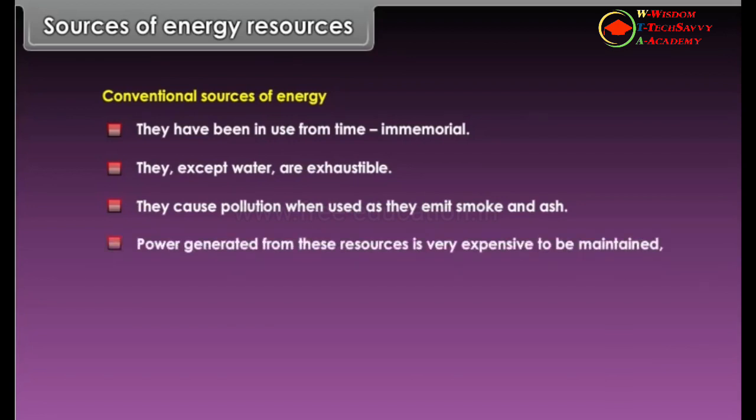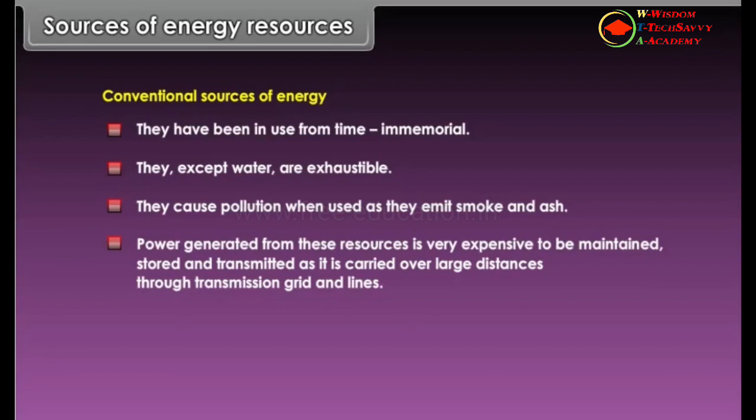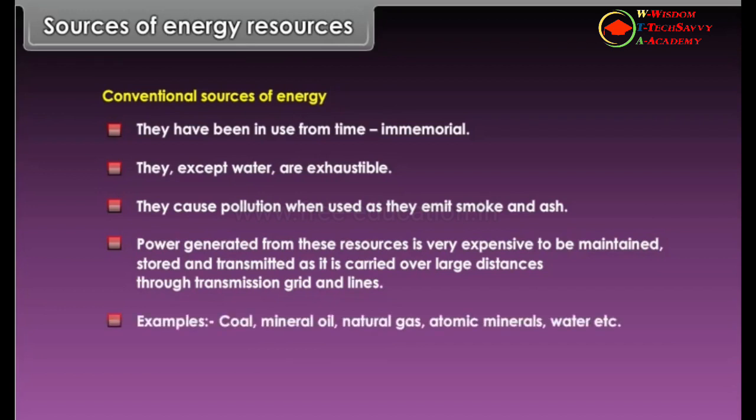Power generated from these resources is very expensive to be maintained, stored and transmitted as it is carried over large distances through transmission grid and lines. Examples: coal, mineral oil, natural gas, atomic minerals, water, etc.